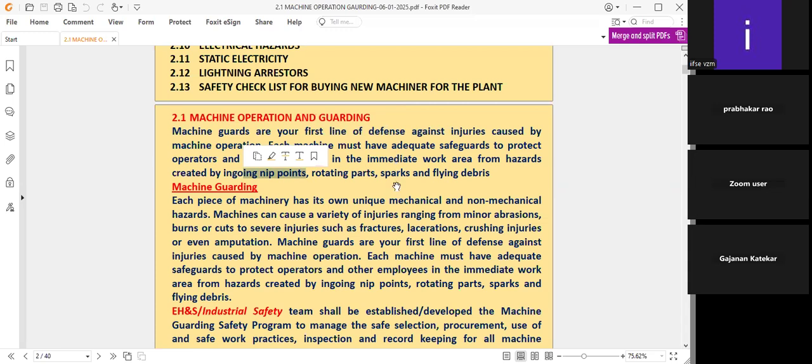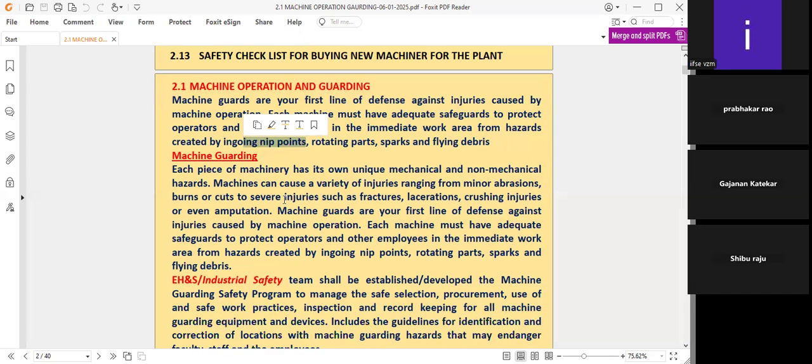Sparks will be there because of static electricity, and the flying dust from the air will also create a lot of nuisance in the equipment itself. Suppose there are two shafts, one a pump shaft and one a motor shaft, combined together, and a proper guard is not there. They will be exposed to all dust, and man's organs will be exposed too. That's why guarding is important for every rotating machine.